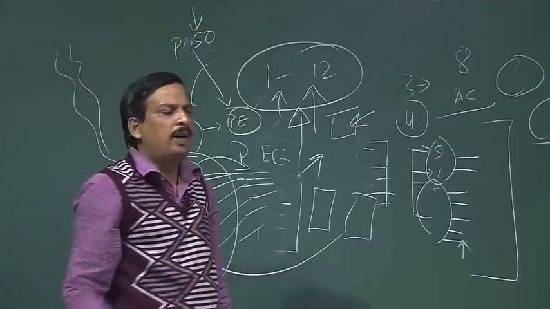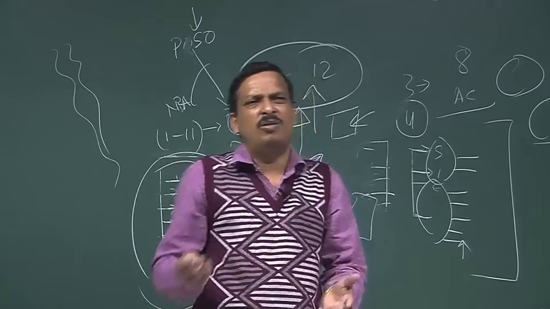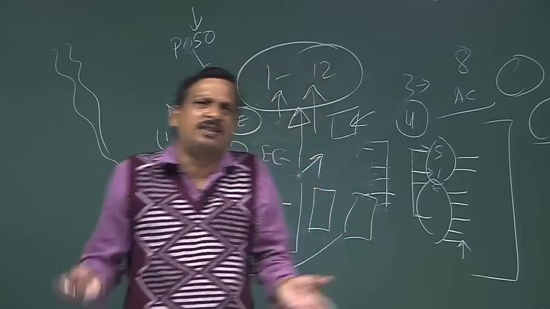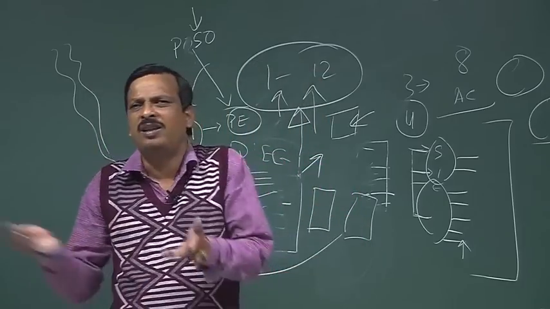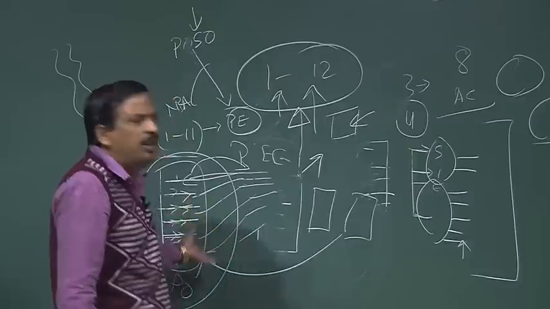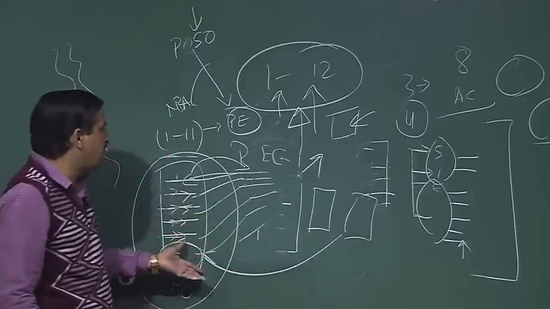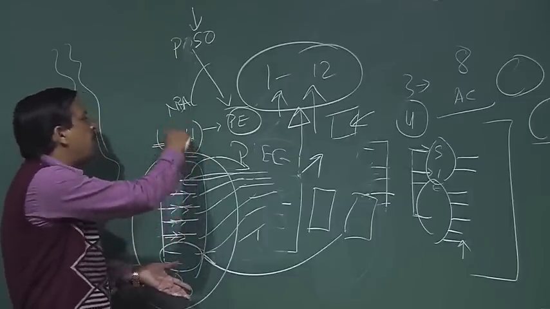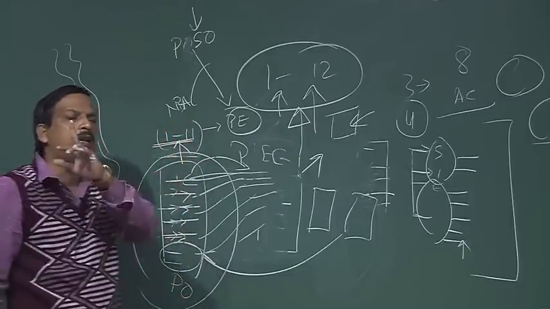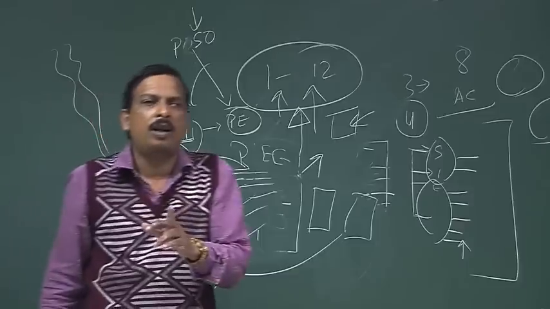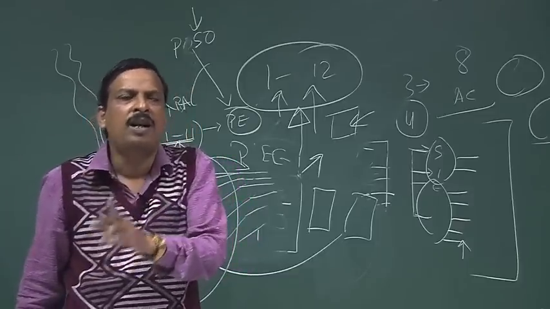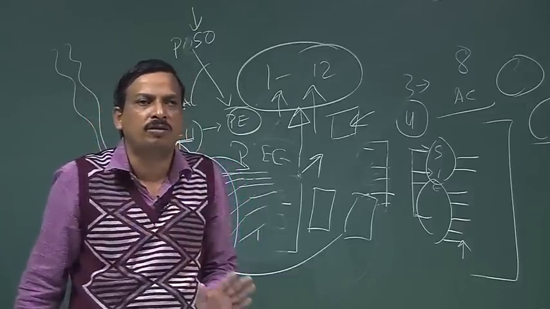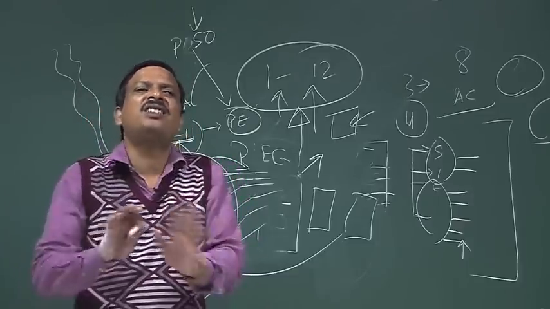Many institutes in India, mostly NBA accreditation is important. Many colleges and institutes are applying for NBA accreditation. NBA says some parameters, and those parameters must be fulfilled by your curriculum design and teaching learning process. Okay, so this is accreditation.